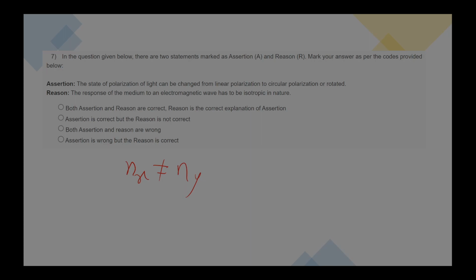That's why this light goes into a different phase. It changes to a different phase, and option 2 is the correct option for this. It should be anisotropic.